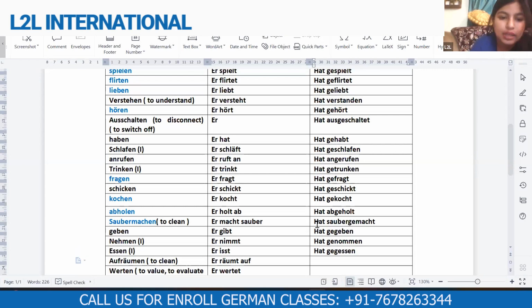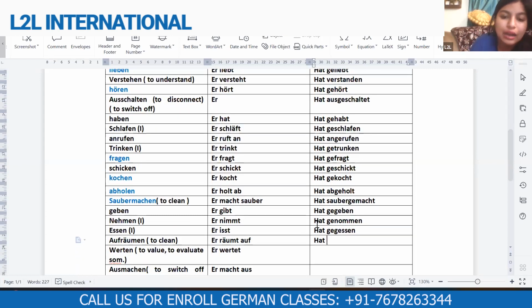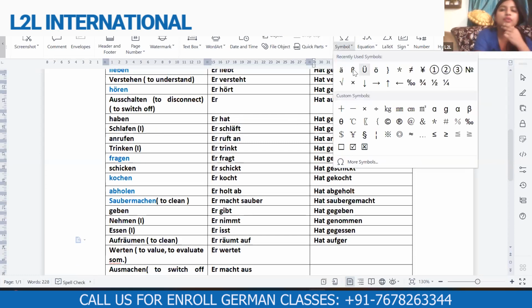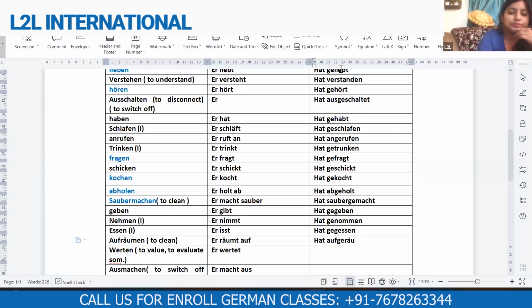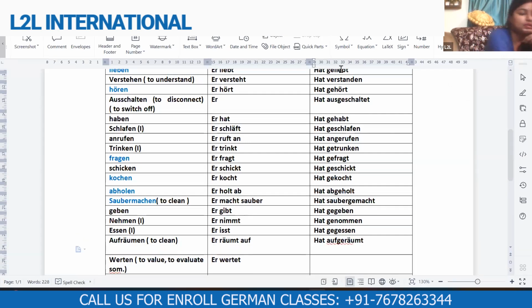Again change. Aufräumen, hat aufgeräumt. If I'm not wrong, aufgeräumen oder aufgeräumt? Ein Moment, ich checke einmal. Ich habe das vergessen. Nee, aufgeräumt is fine, but haben oder sein?